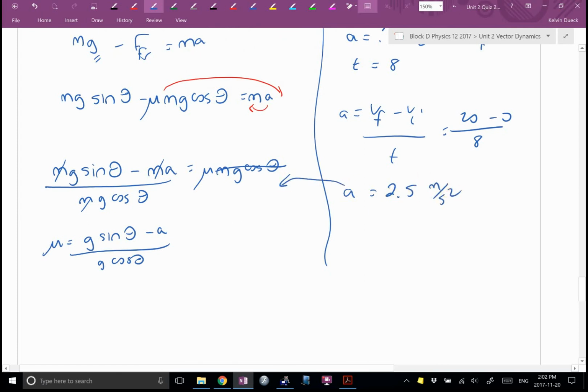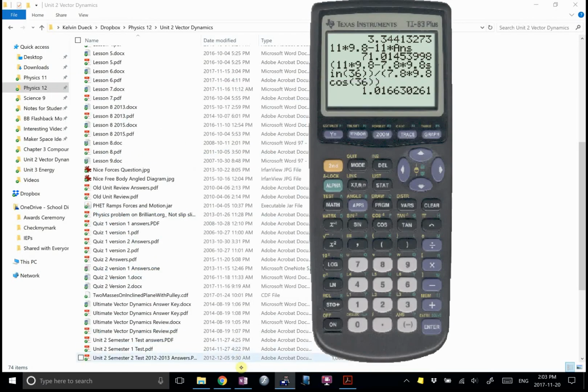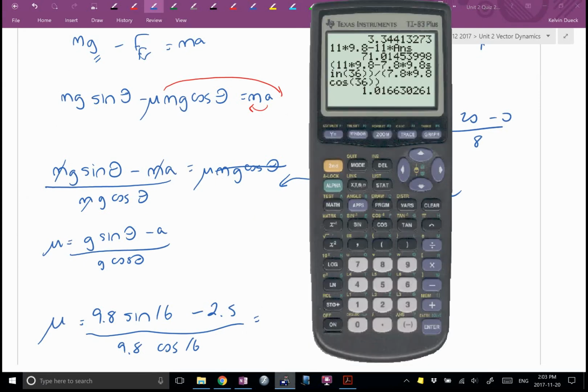And now I can move that to here. Mu is going to be 9.8 sine 16 minus 2.5 all over 9.8 cos 16. 9.8 sine 16 minus 2.5 divided by bracket 9.8 cos 16.